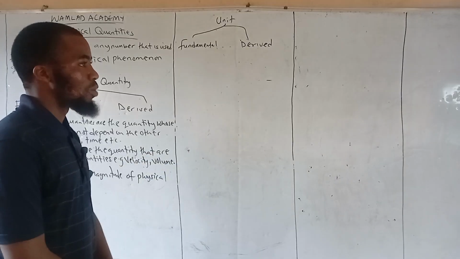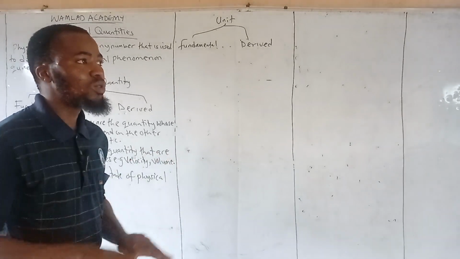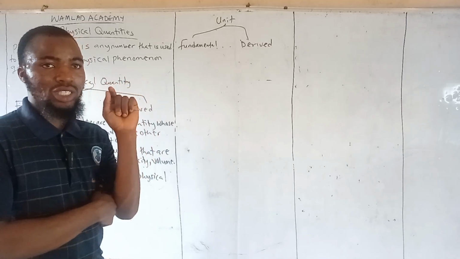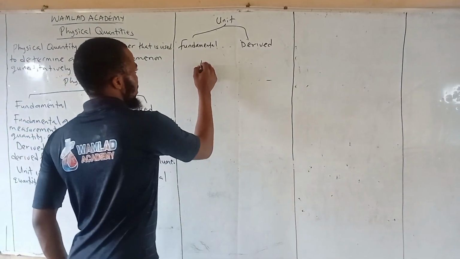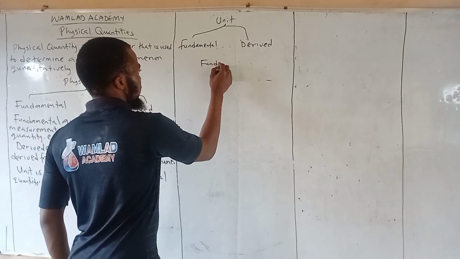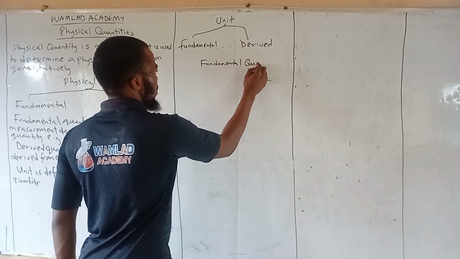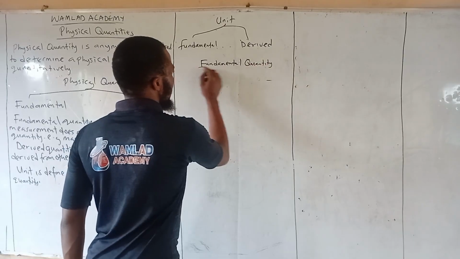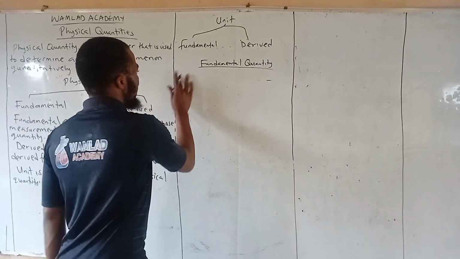Let's now talk about the fundamental quantities. We have 7 fundamental quantities. And what are these 7 fundamental quantities? Let me do it like this.